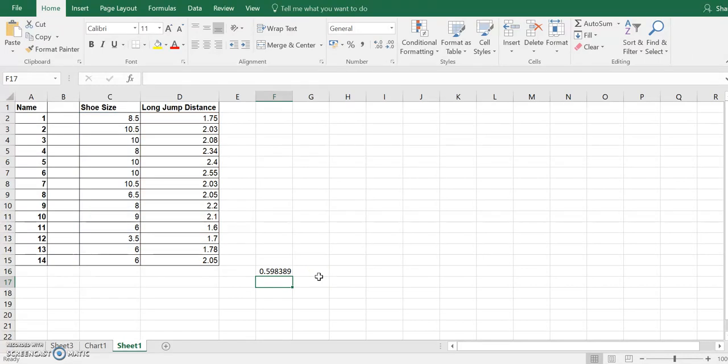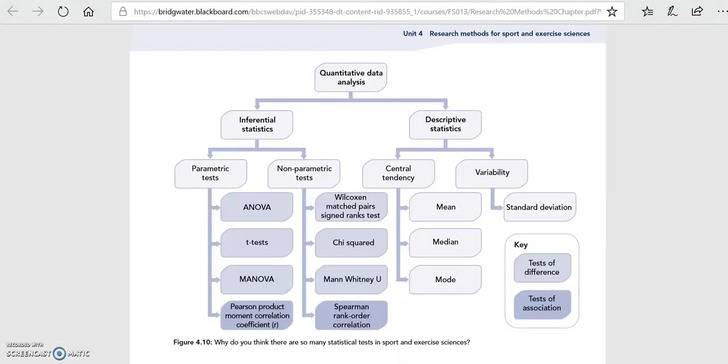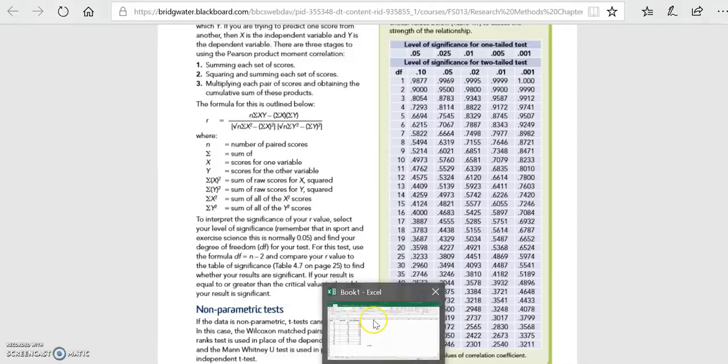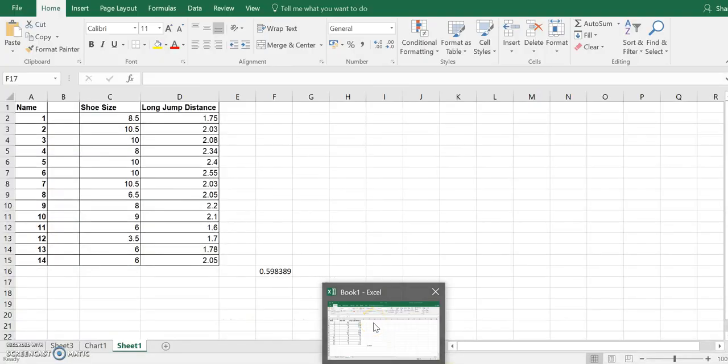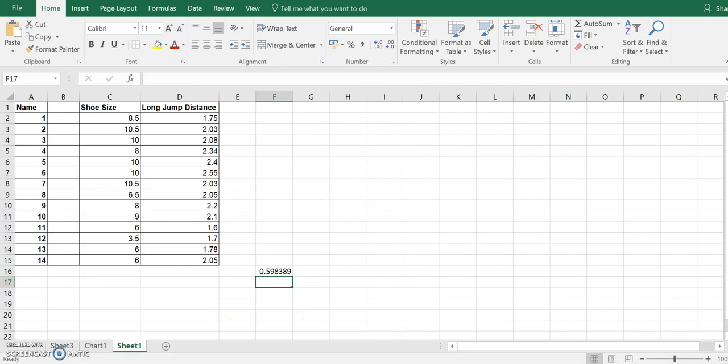So with this we can now go on to the book chapter, and I can show you if there is a significance. You go on to this one here. We had 14 pupils. Take away 2 is 12, because this is the degrees of freedom, so 12, and we're looking at this column here, so it says 0.5324, so ours was 0.59.